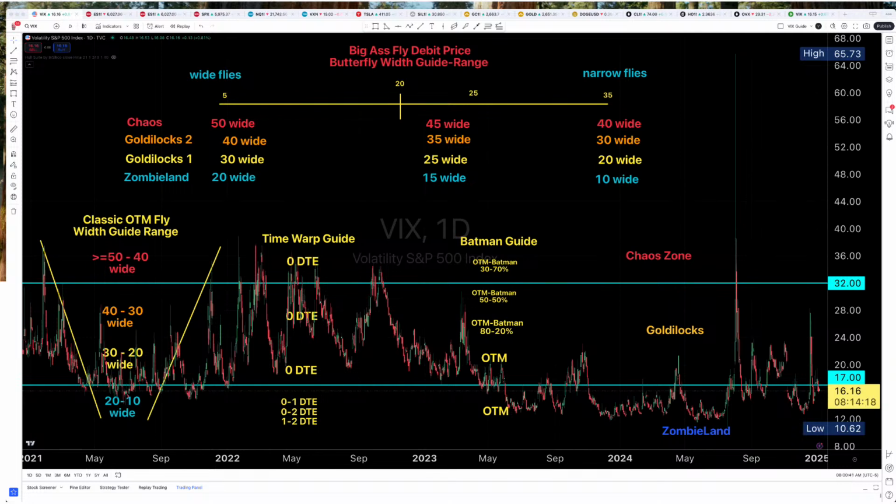So the three primary things that we're looking for is big picture volatility, morning IV, so that we can gauge the width of our flies that we're going to be putting on, our out-of-the-money asymmetric positions. Also, the direction of the market. So are we going to have a bullish or a bearish bias?